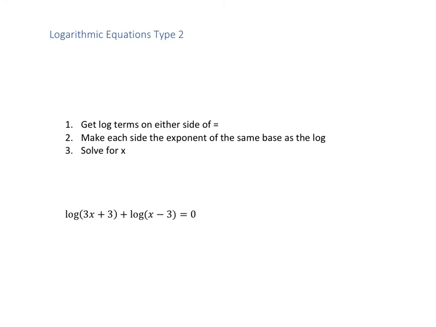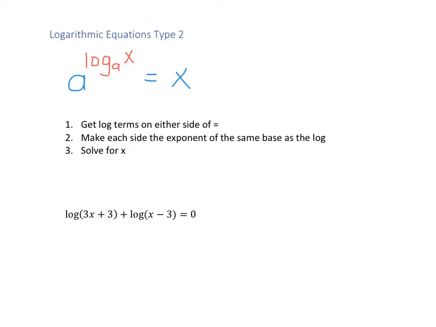In this type of equation, we are going to use the property that says if we have a base of a and it has an exponent that is a log with that same base of a of x, the result is just what we're taking the log of in the exponent, x.